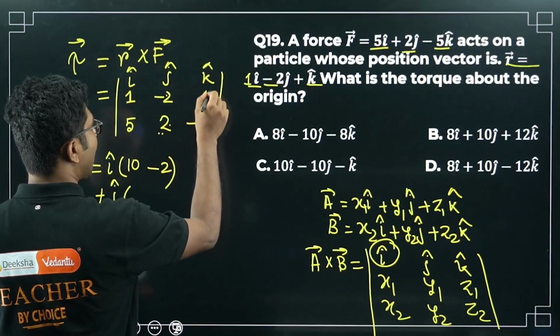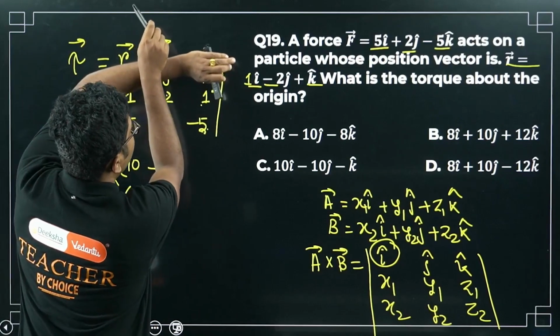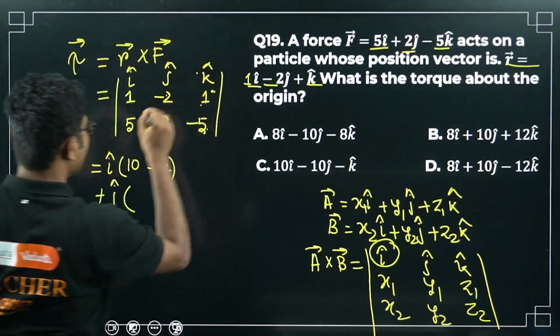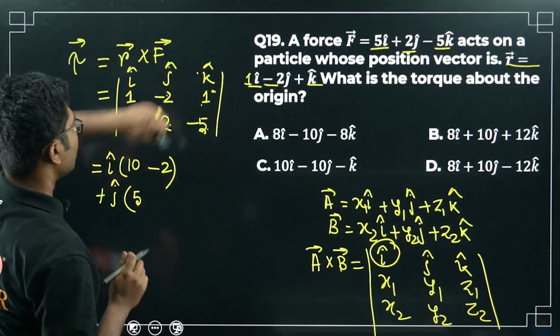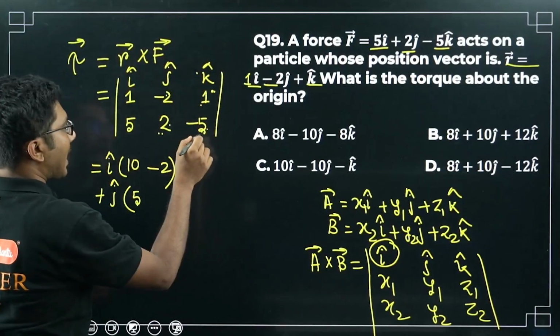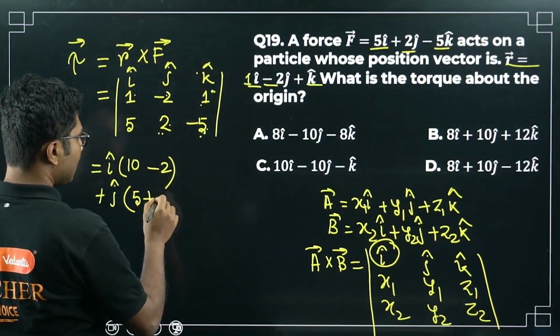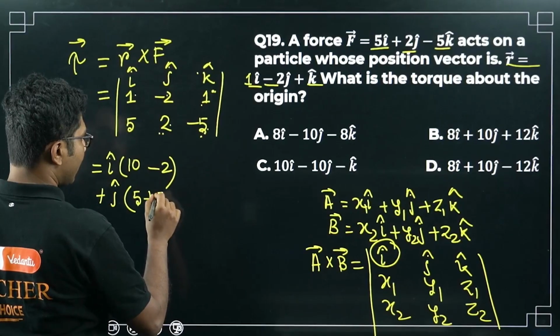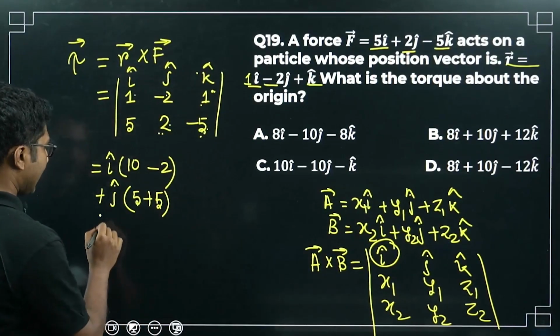So now we cross everything along this direction: 1 times 5 is 5. Then again we move in this direction: minus 5 times 1 is minus 5, and minus minus becomes plus, so it will be 5 again. Next is k cap.